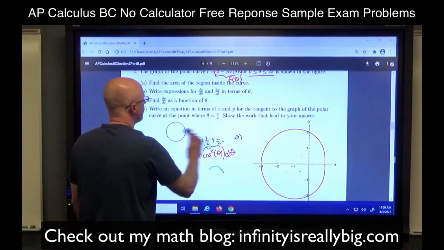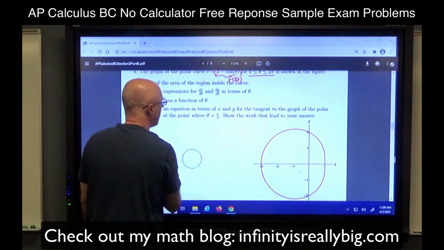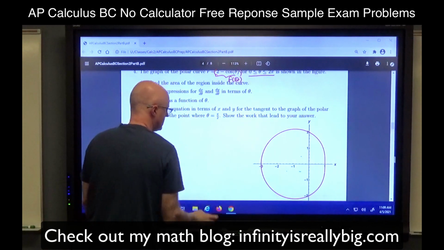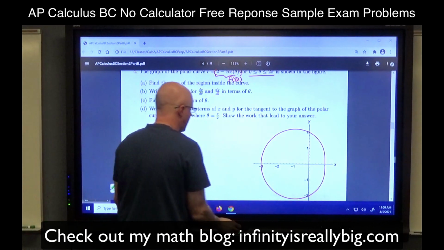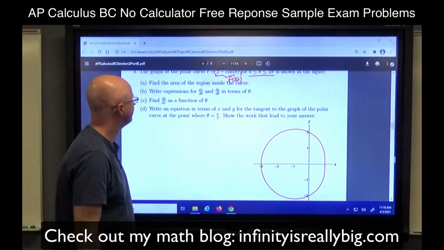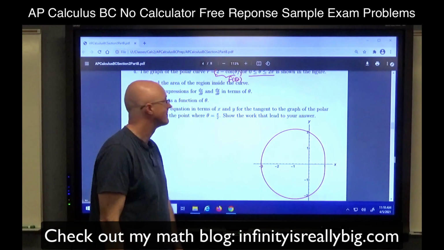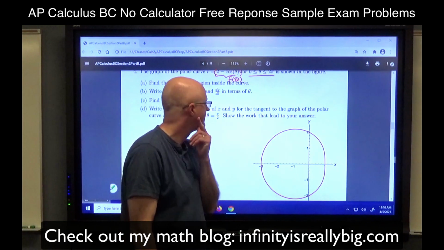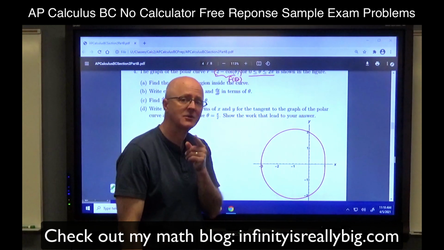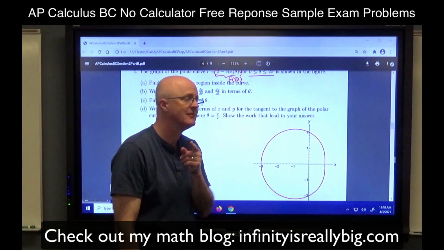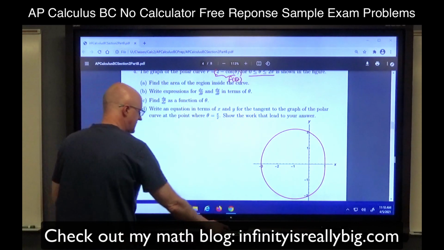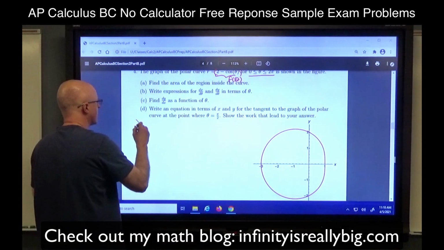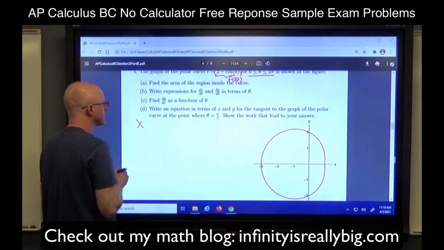Part B, write expressions for dx d theta and dy d theta in terms of theta. That might seem hard. Find x and y in terms of theta first, though. Using your equations that convert polar coordinates back to rectangular.